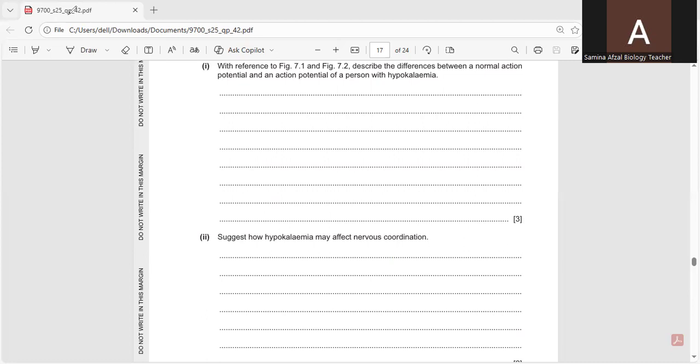So the resting potential is approximately minus 70, and in the case of hypokalemia, it is minus 100 millivolts. I have already shown this. First of all, I would like to talk about the first difference, which is the resting potential.